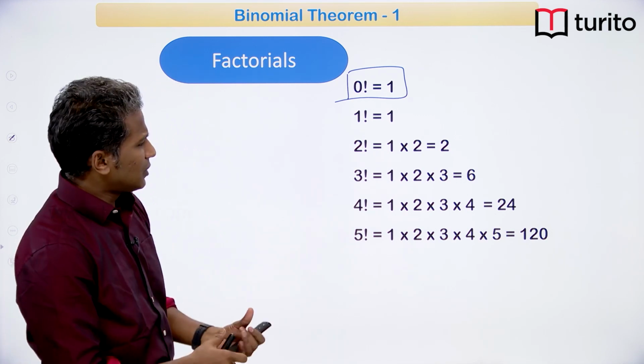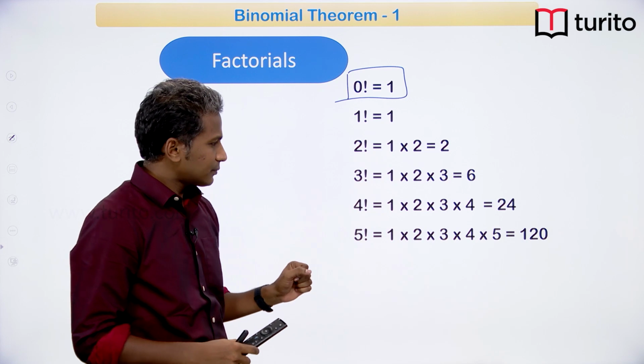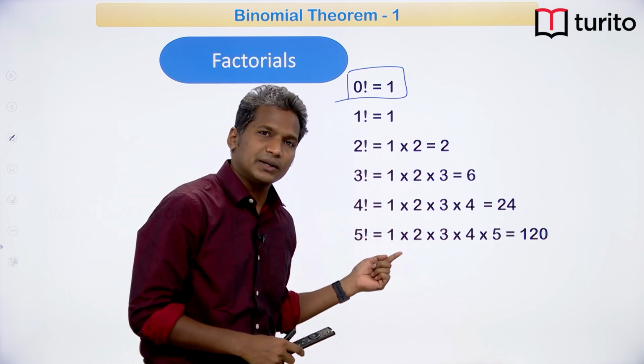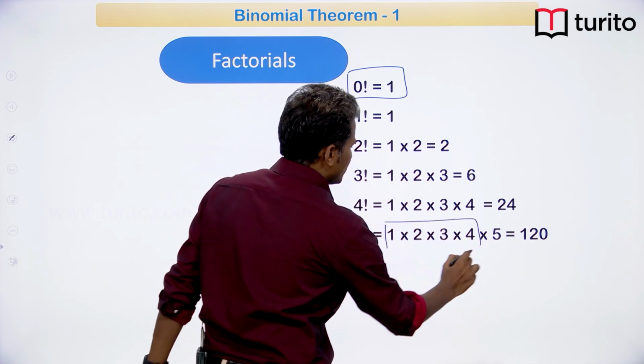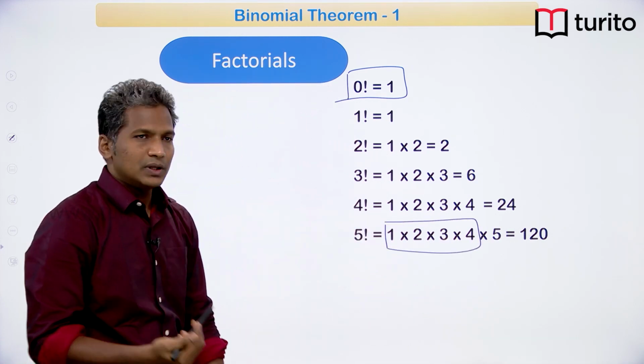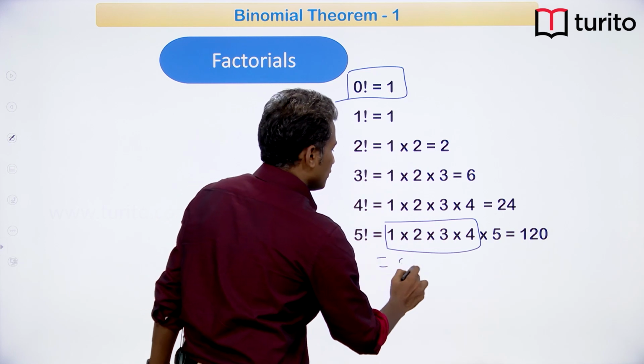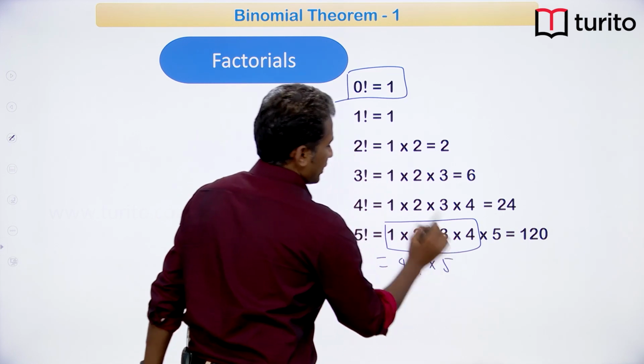Now, looking at these factorials, for example 5 factorial, in 5 factorial, 4 factorial is also already present. So, we can write 5 factorial as 4 factorial into 5.